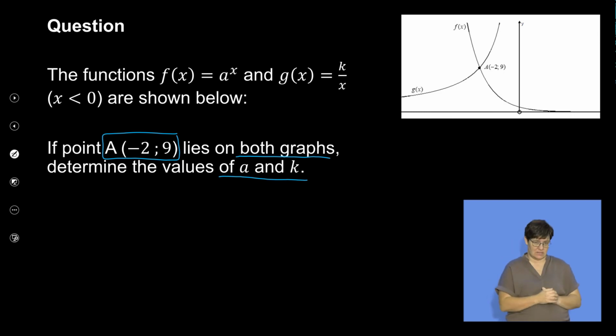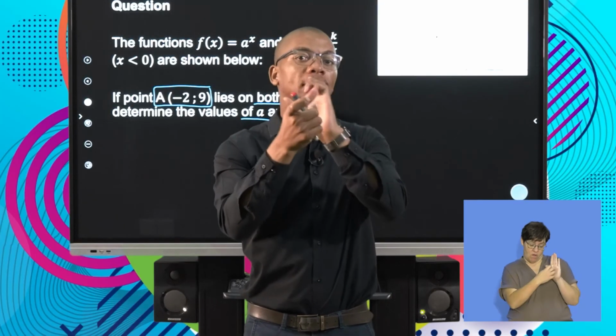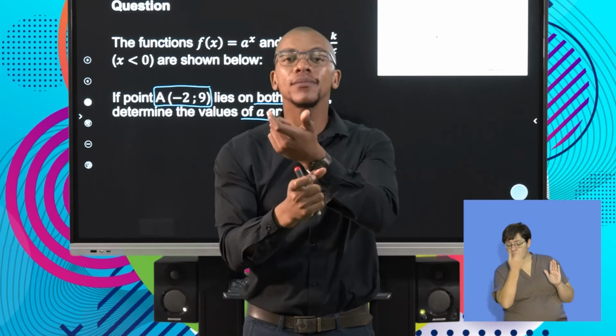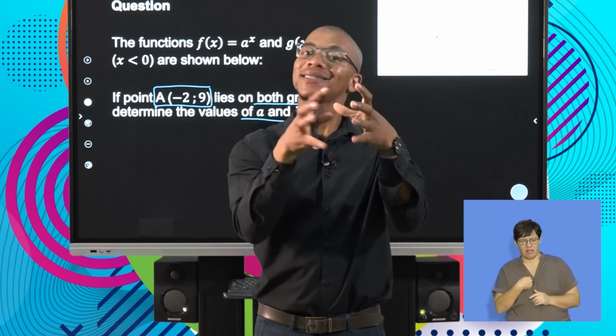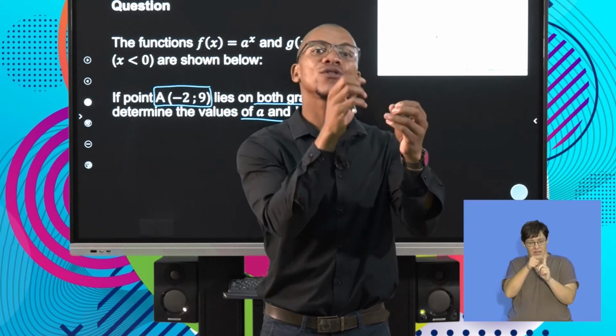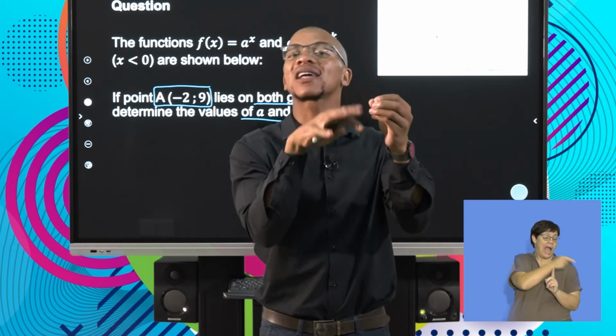I have a point that lies on the graph and must find an unknown. It means I do know what the x and the y is at a certain point, even though I don't know what the other variables are.